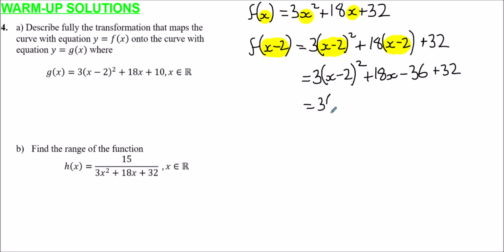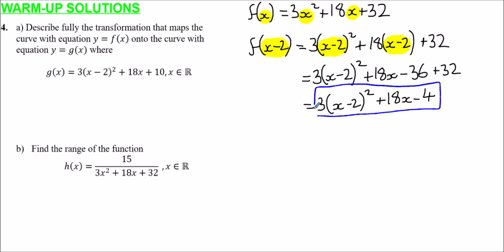So 3 lots of x minus 2 squared. I then have plus 18x. 32 minus 36 gives me minus 4. So compare this here. That's f of x minus 2.